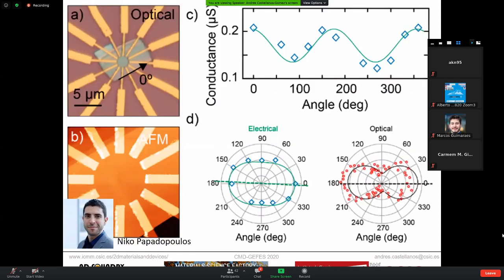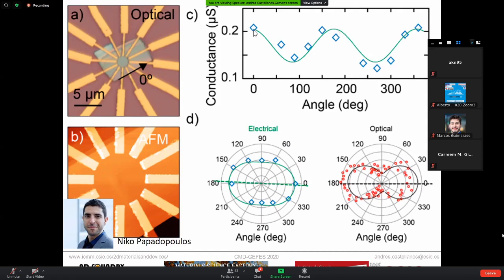We have also done electrical transport measurements on these kinds of samples, using electrodes at different angles in order to test the conductivity along different crystalline directions of the system. And we see again that the conductance of the sample depends on the direction. We probe at different directions, and we see this sine wave here.